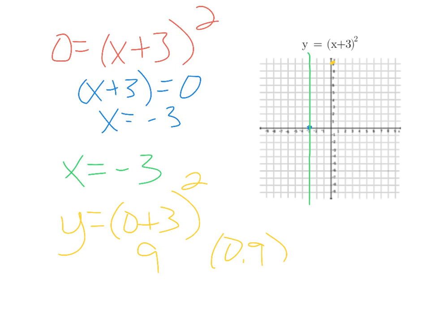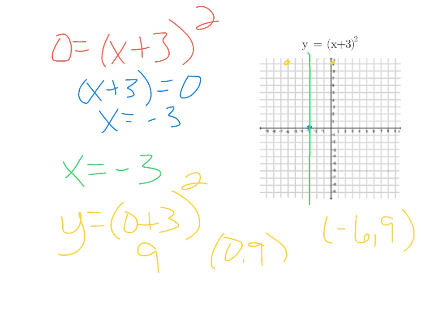Now I know that my parabola is symmetrical, or the same on both sides of the axis of symmetry. If I count from my axis of symmetry over to the point I just drew, it's 1, 2, 3 units away to the right-hand side, which means if I go 3 units to the left of the axis of symmetry, I also have the point (-6, 9).